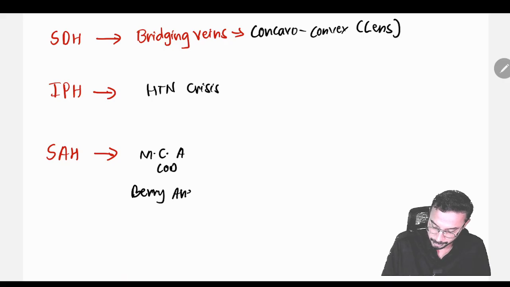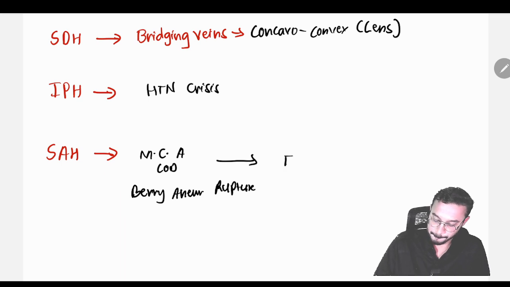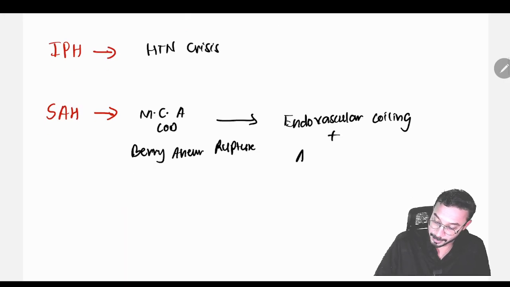Berry aneurysm rupture. So how do you treat? Endovascular coiling, or you may do the clipping also, aneurysm clipping.